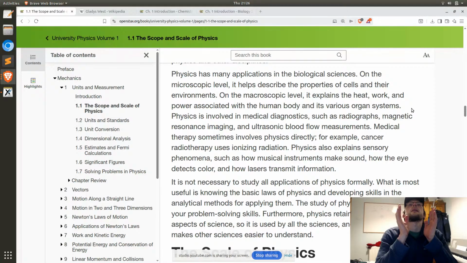Okay, so let's think. It can be used to explain why you can't get a human-sized beetle, for example, or a beetle-sized human. That's one connection it can have.